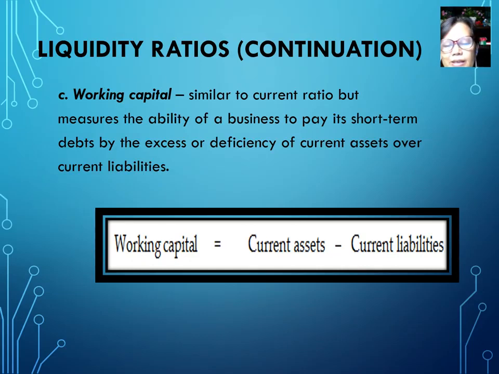Ang formula naman dito is just deduct the current liabilities from current assets. So, parehong amount na gagamitin, kaya lamang ang formula ay iba. Pero, ang magiging resulting figure nito ay peso amount pa rin. Working capital is equal to current assets minus current liabilities.